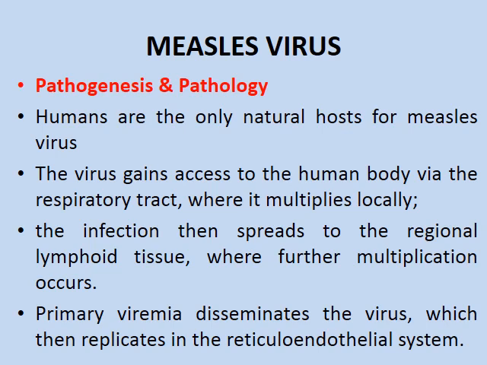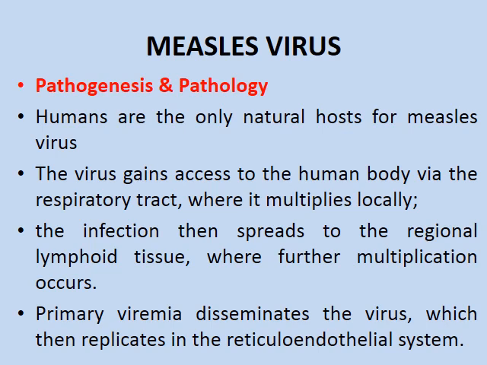Then there is dissemination of the virus to the blood from the cervical lymph nodes, and this is called primary viremia. The virus then starts to replicate in the reticuloendothelial system.